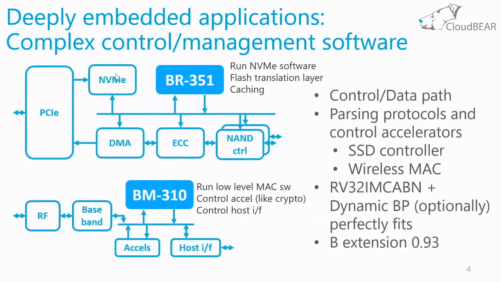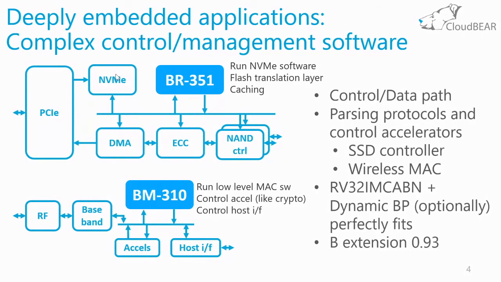And in more complex scenarios, we saw that the core does not only state machine-like jobs, but runs complex management software, like in SSD controllers to do processing of NVMe software, flash transaction layer, or implement caching algorithms. In wireless MAC applications, the core does packet processing, controls accelerators like crypto, and manages the host interface. In these cases, more featured configurations were required.